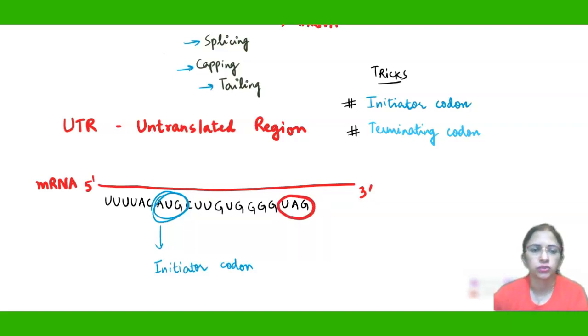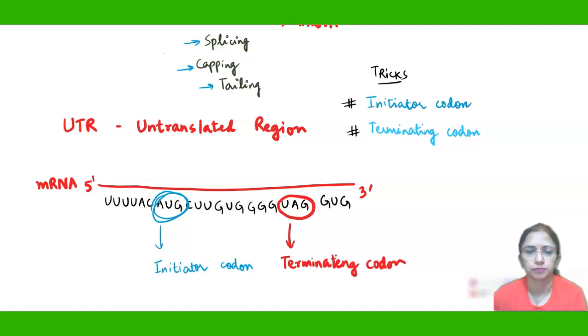This would be the one that will terminate the process. Let me add a few more bases here. Now you have seen that this portion would be the one that will undergo the translation process.